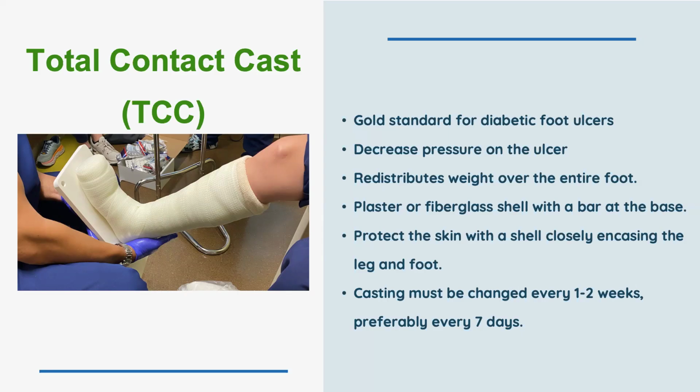The cast has a plaster or fiberglass shell, and you have to protect the skin when applying it. You can leave the cast on for about a week or two. Usually at the beginning, we recommend that the patient come back to the clinic after about 3 or 4 days when we first apply it, and then we can leave it on for longer periods of time.